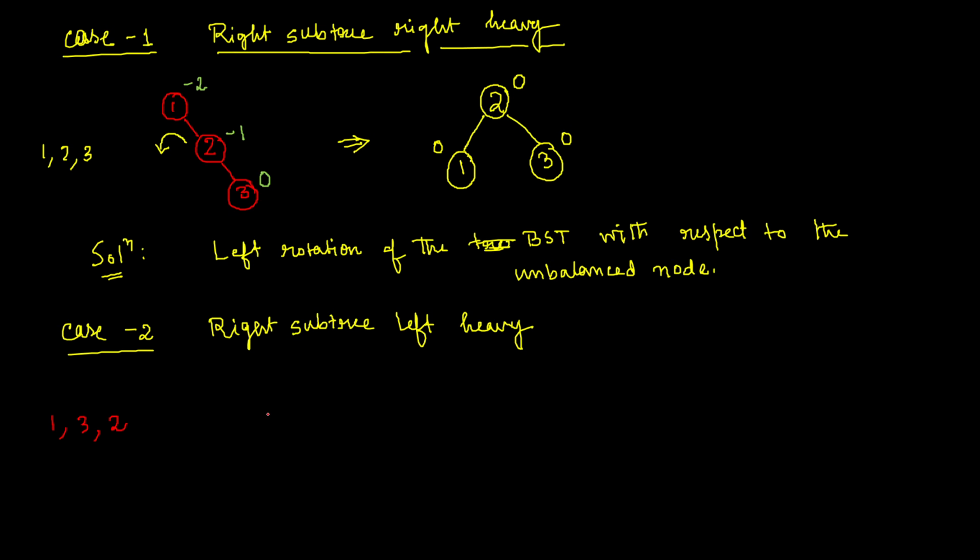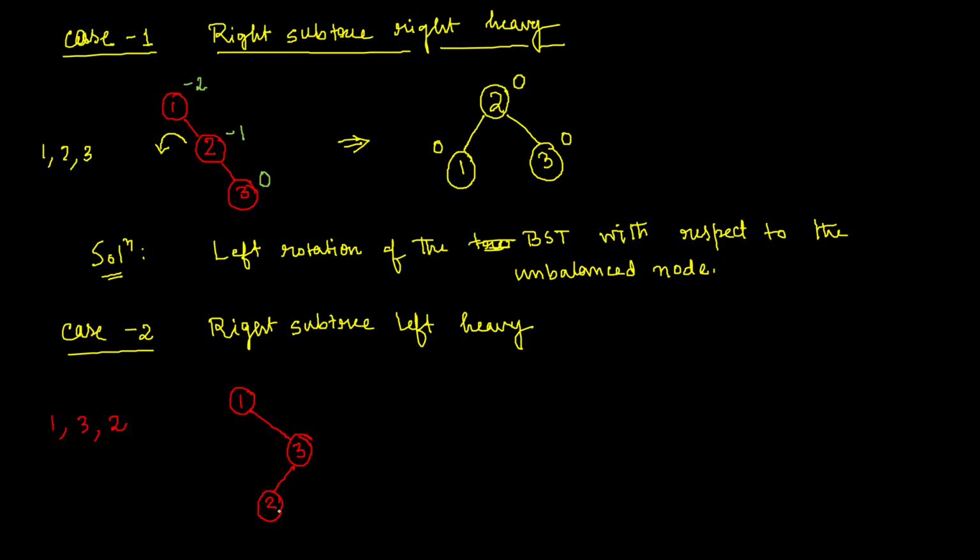So your BST that you will create will have 1 obviously on the root because it's the first data, then 3, then 2. Okay, and you see, just calculate the balance factor for this particular tree.